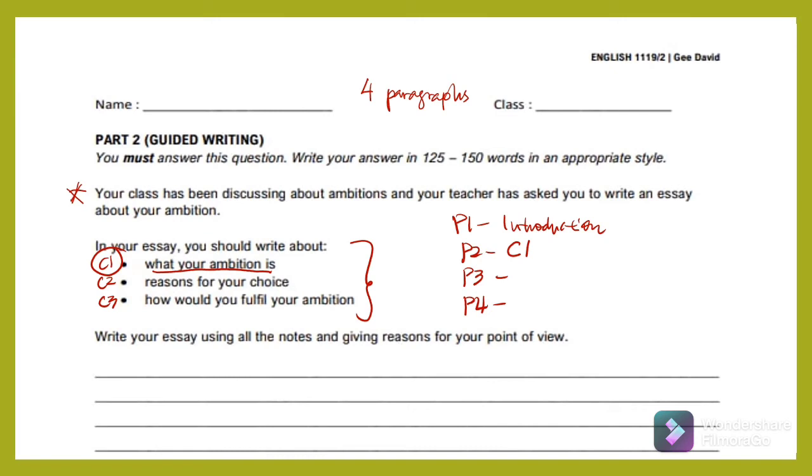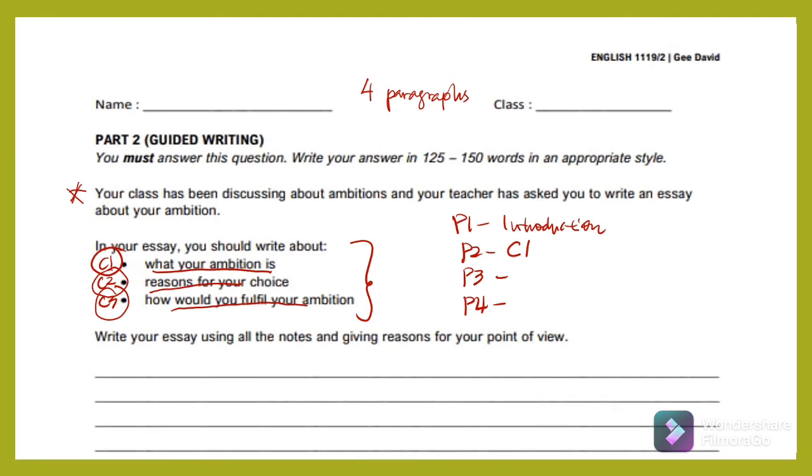Next, content point 2, reasons for your choice. Why do you want to be a successful businessman? So maybe you will elaborate there. I love doing business and making money, or I love challenges, I want to provide a better life for my family, etc. And then the final point, content point 3: how would you fulfill your ambition?